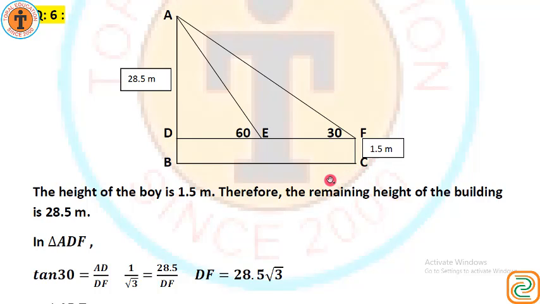The angle of elevation from his eyes to the top of the building increases from 30 to 60 as he walks towards the building. The angle of elevation is 30 at the beginning and 60 at the end. The boy is standing here now. Okay.